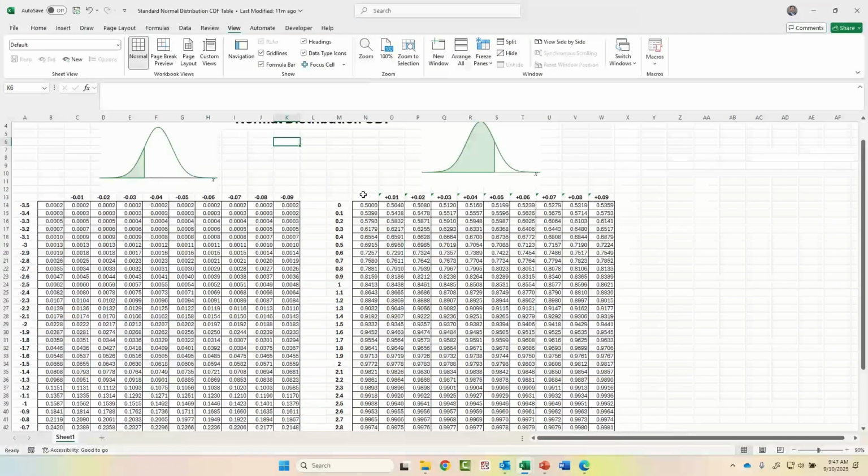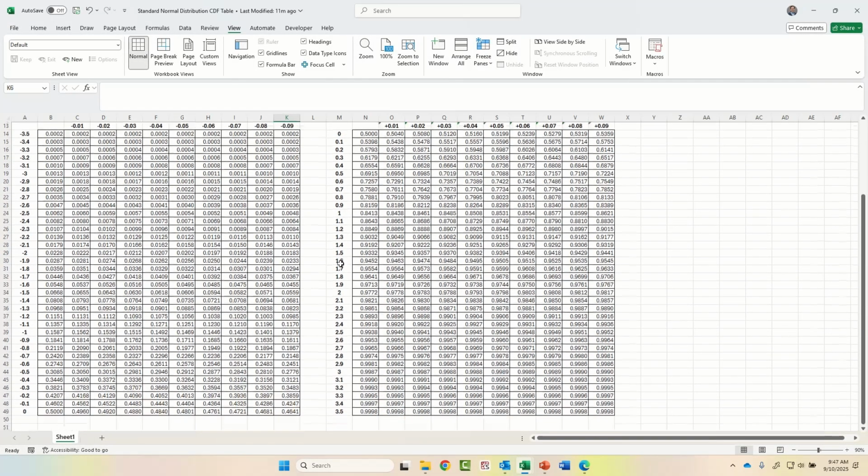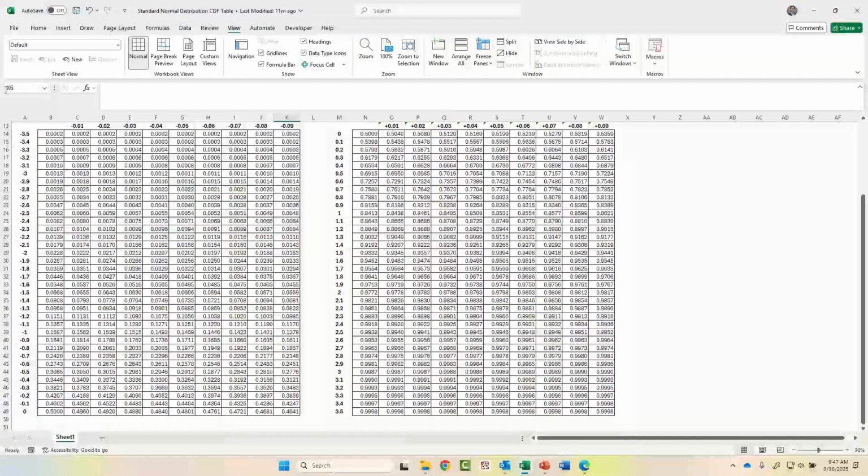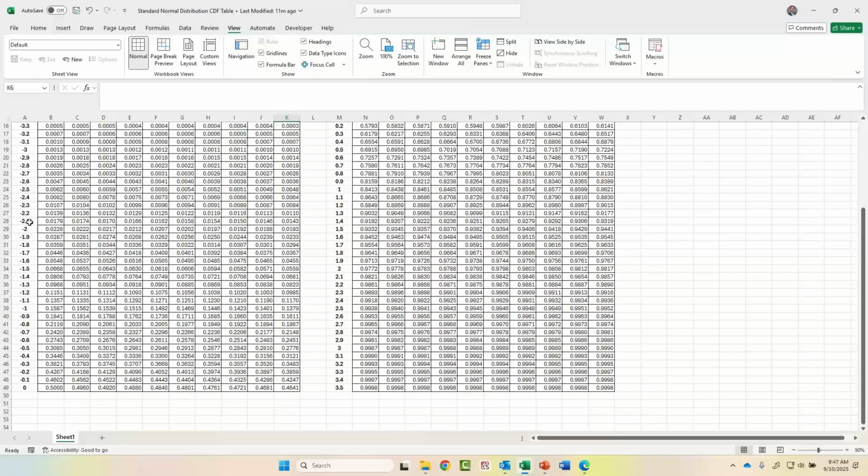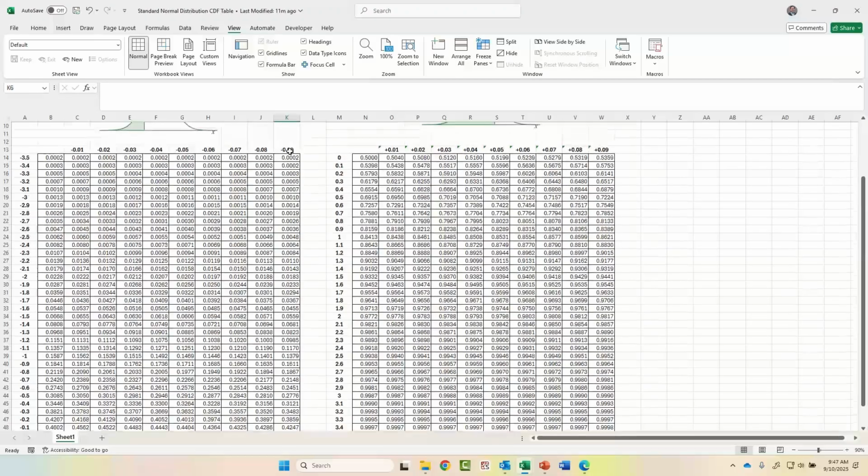Keep in mind that our z-score was 0.95. The way you read this table is, if you have a negative z-score, you're going to use the numbers on the left where you have the minus signs. If you've got a positive z-score, you're going to use the numbers on the right where there are positive signs.